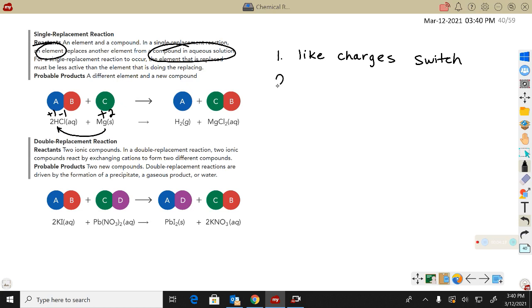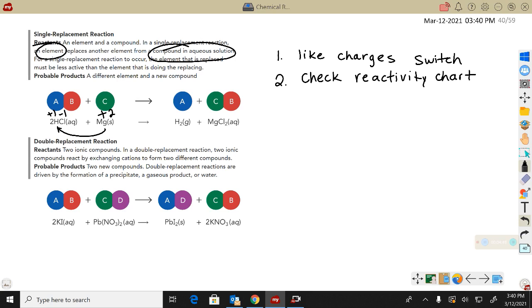So then rule number 2 was we need to check the reactivity chart. I will give you that reactivity series, the reactivity chart, for any test or quiz where you will need it. And that's where I have to see if this is even an option.